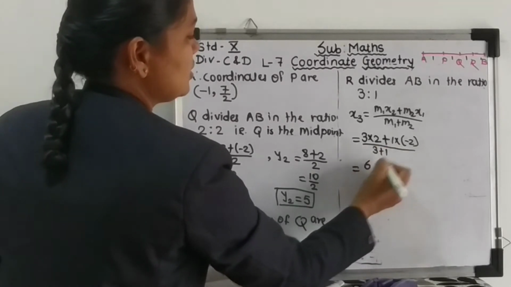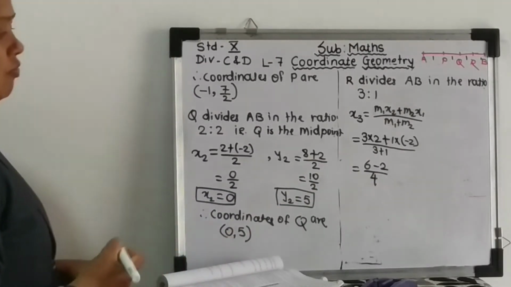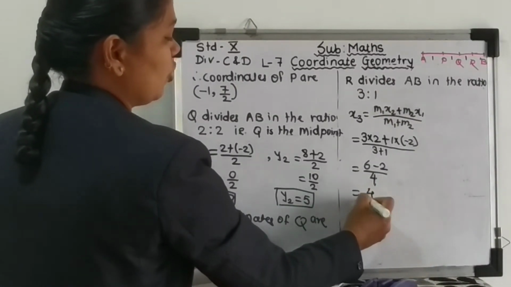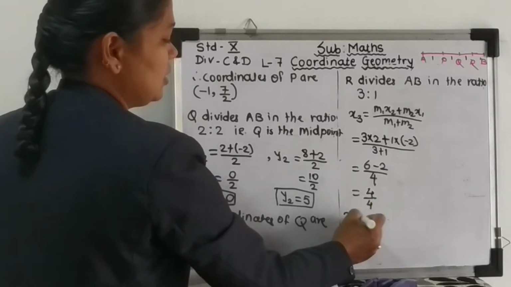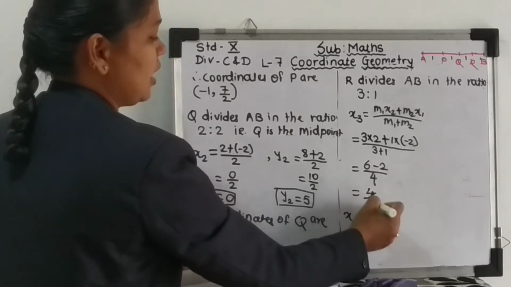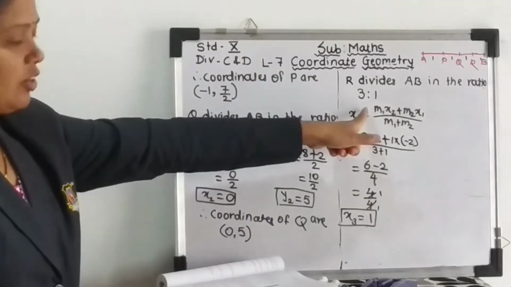So 3 2s are 6 and 1 2 is 2, and this is 3 plus 1, 4. So 6 minus 2 we got 4 upon 4. So x3, meaning the R coordinate we got, that is 1. 4 1s are 4. X coordinate we got for the R.